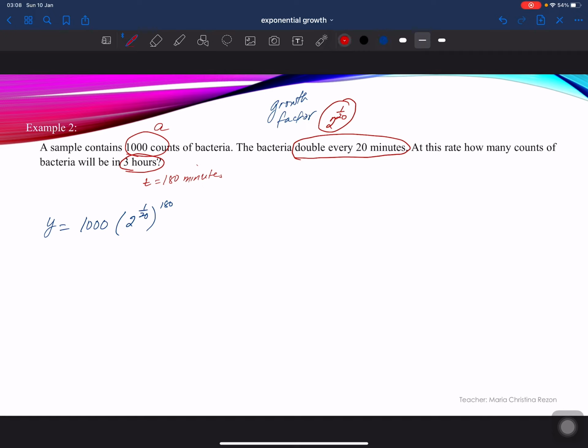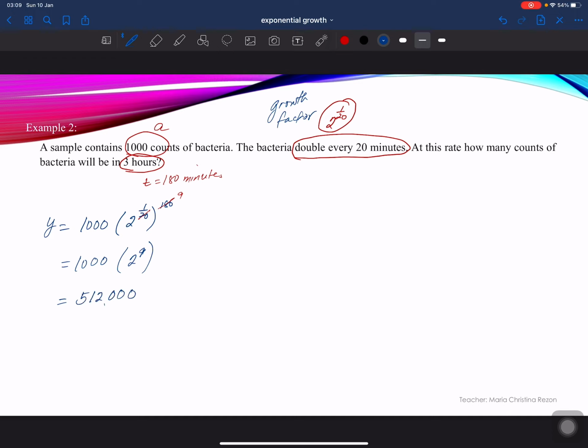So you can cancel this out. That gives you 9. So your answer is 1,000 times 2 to the 9th. 2 to the 9th is 512 times 1,000. So that gives you 512,000.